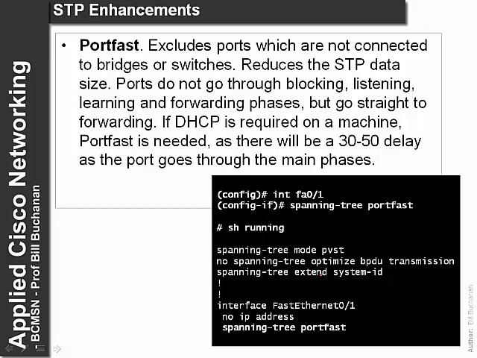An enhancement to STP is called PortFast, and the configuration of PortFast is seen here. We enable it on an interface with spanning-tree portfast, and then in our running configuration we should be able to pick it off.